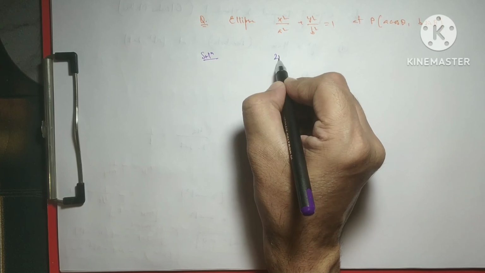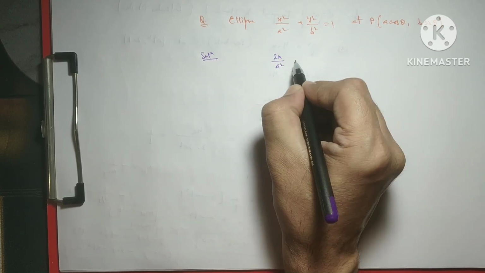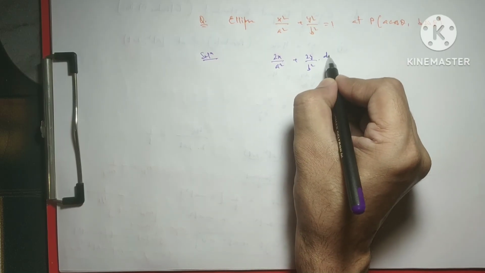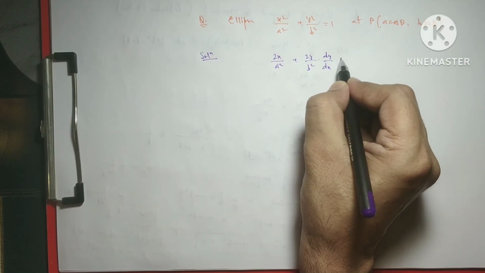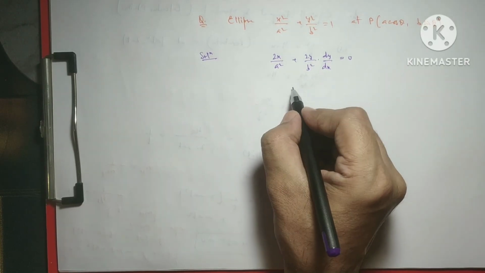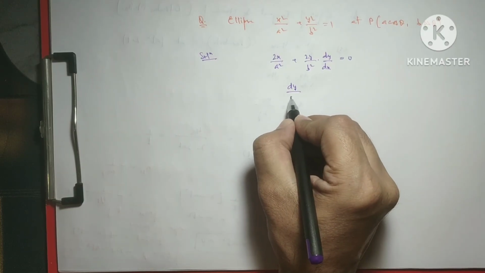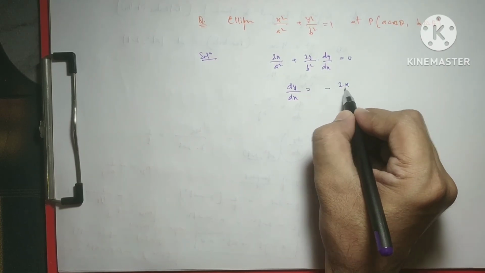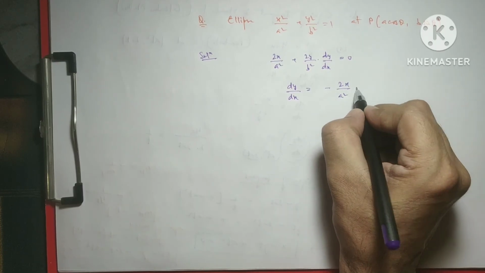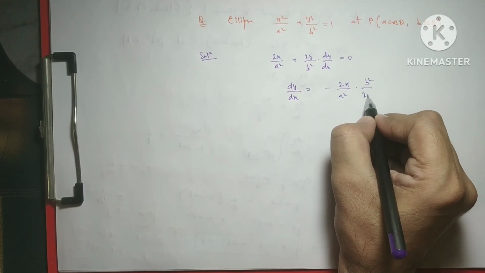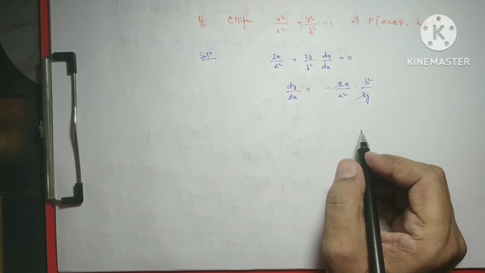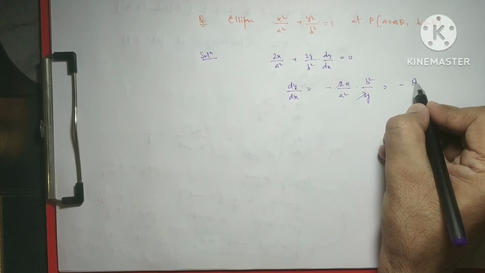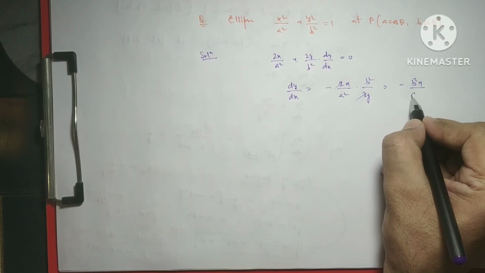So we get 2x over a square plus 2y over b square dy over dx equals 0. So dy over dx equals minus 2x over a square into b square over 2y. So you get minus b square x over a square y.